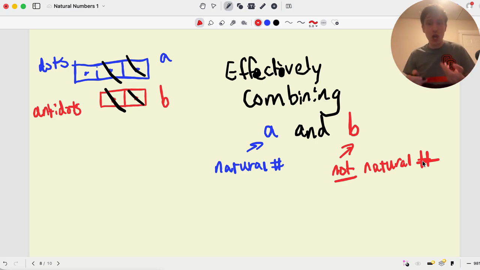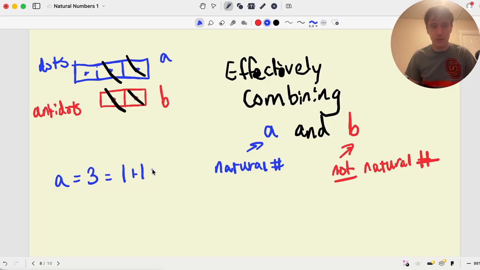And so what's really going on here? Well, it turns out that I just invented a new kind of number that is the opposite of the natural number. What do I mean by opposite? Let's take A, which was 3, and you know that 3 is really just 1 plus 1 plus 1. And what I've just done was invent a new number B, which is really -1 and -1.